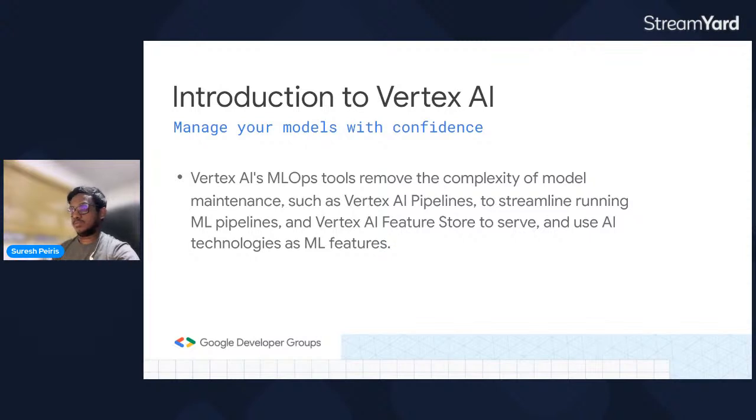Vertex AI has a lot of MLOps tools that you can use to automate your entire machine learning workflow from dataset management, training, testing, deployment, and dataset and model enhancements. So we can actually automate the entire flow by using the MLOps tools that are provided by Vertex AI.